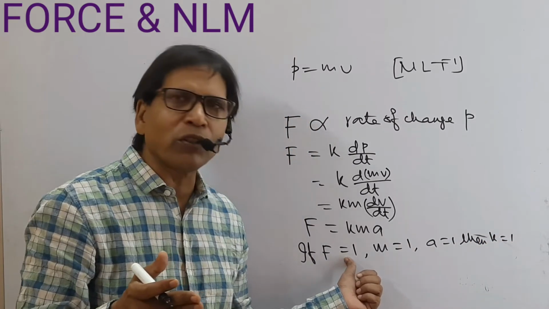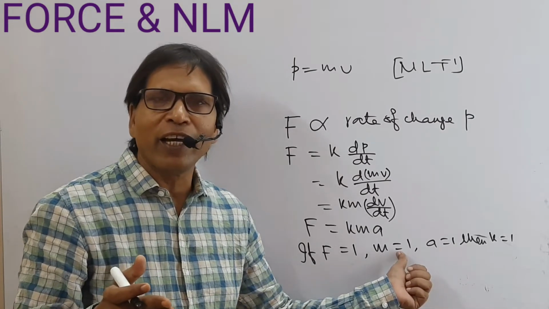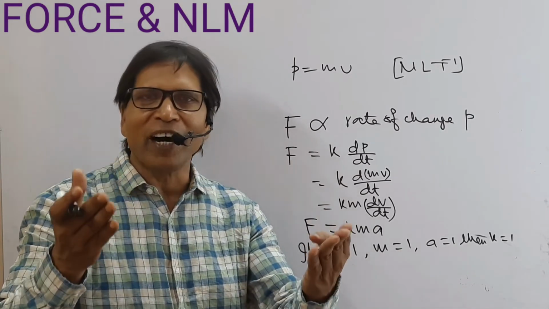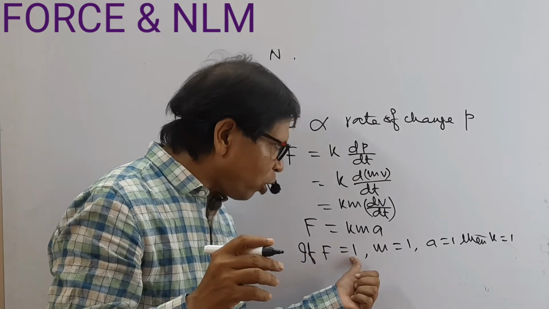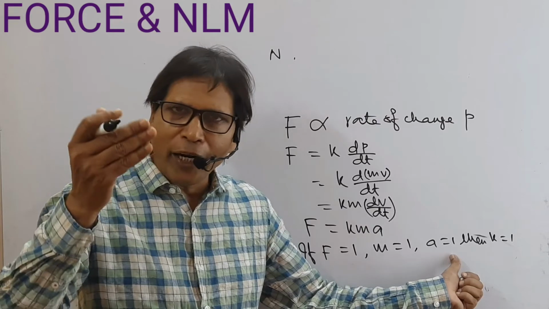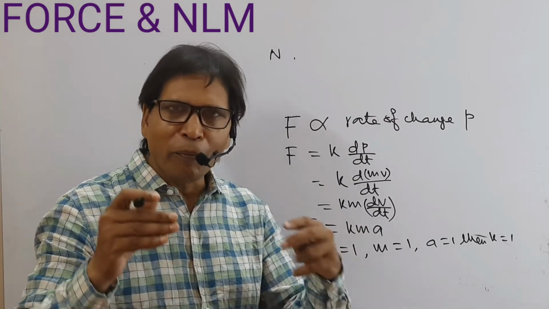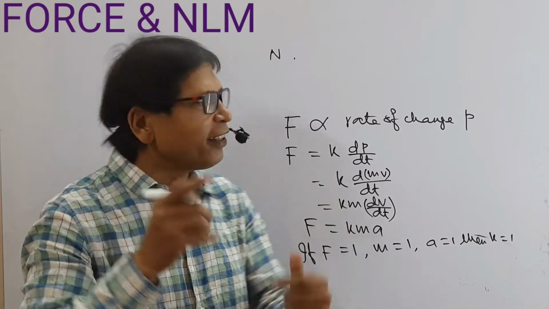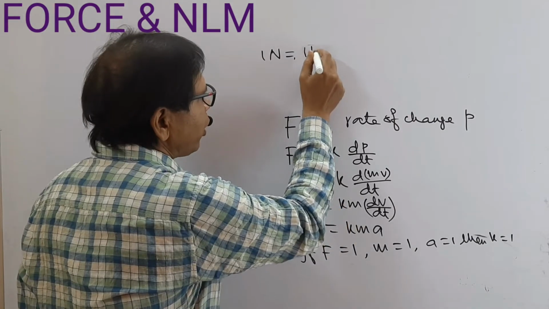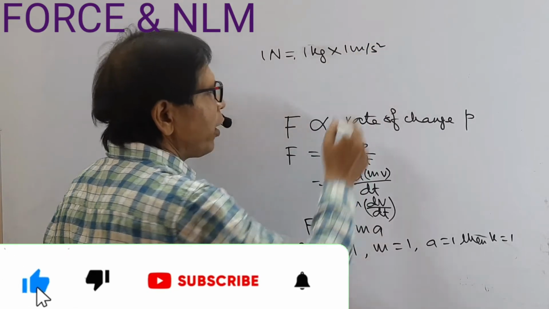Therefore, unit force produces unit acceleration of a body of unit mass. Therefore, 1 Newton force produces an acceleration of 1 meter per second square of a body of mass 1 kg. That is, 1 Newton equals 1 kg times 1 meter per second square.